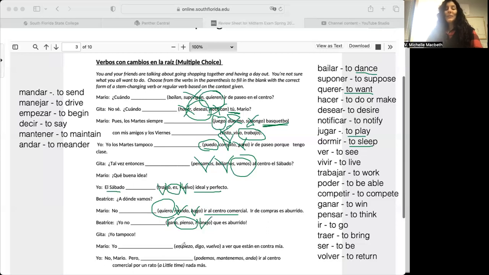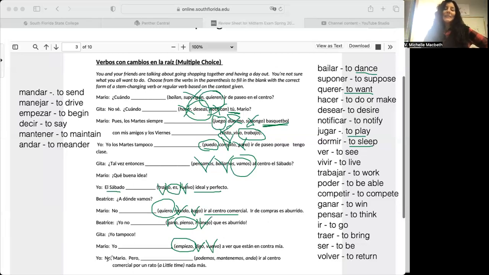So would he say, I begin to see you're against me, I say to see you're against me, or I return to see you're against me? You can't really return to see something. That doesn't make any sense. In this context, you can't really say I see something, right? But you might start to see something or begin to see something. So that one probably makes the most sense.